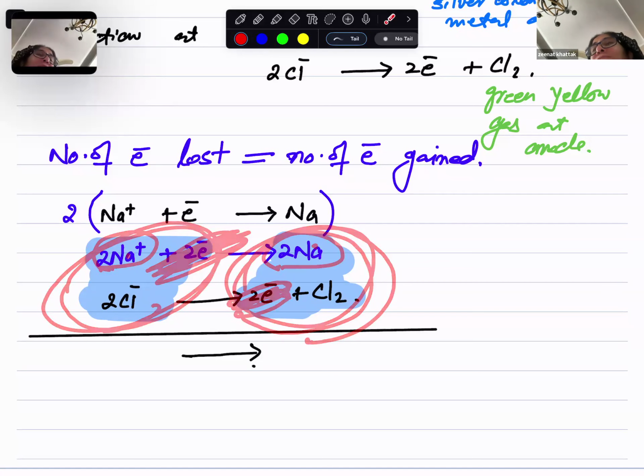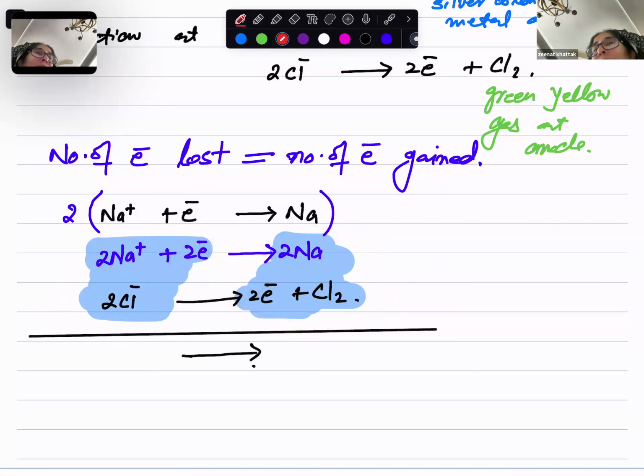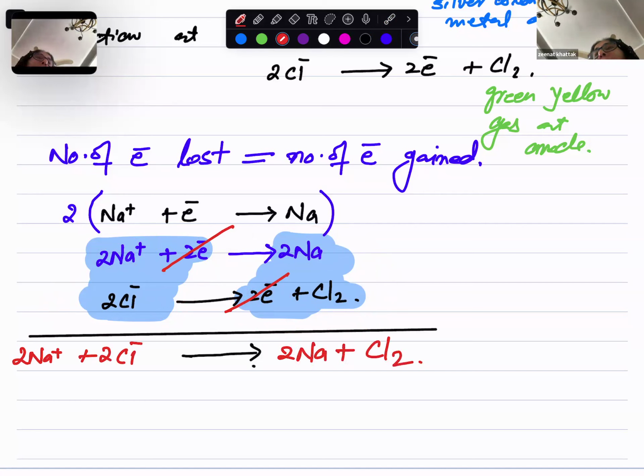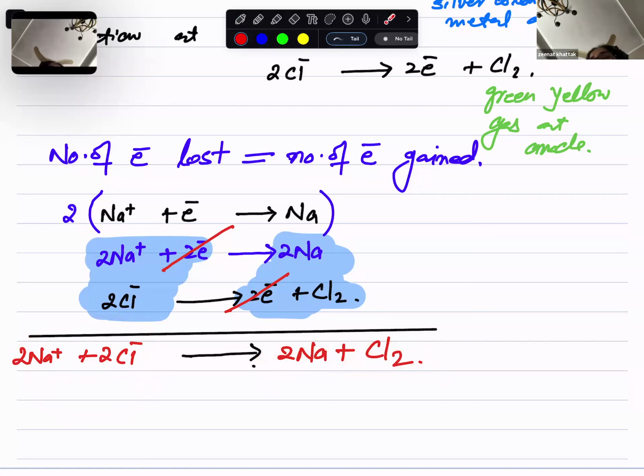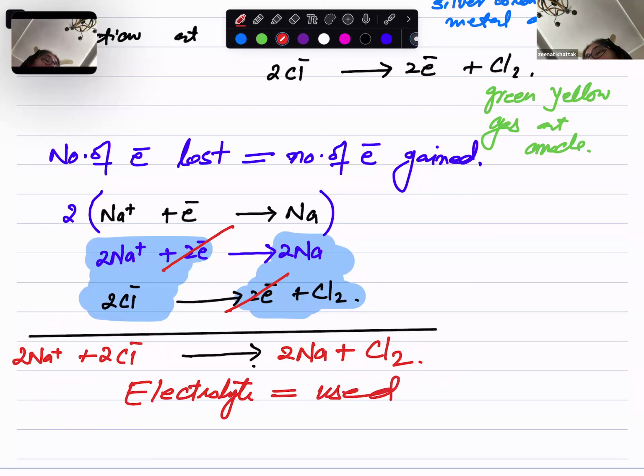Can we cancel the electrons? Yes. 2 electrons, 2 electrons. So what is left? 2Na+, 2 chloride gives 2Na and Cl2. The NaCl decomposes to sodium metal and chlorine. The electrolyte is used up. Nothing left. Do you get it?